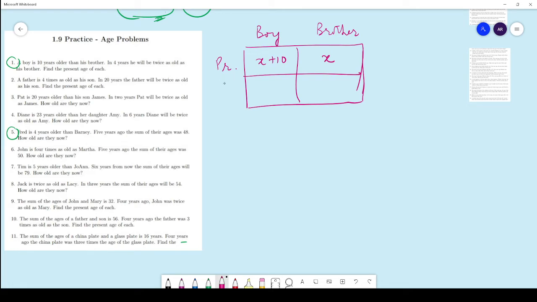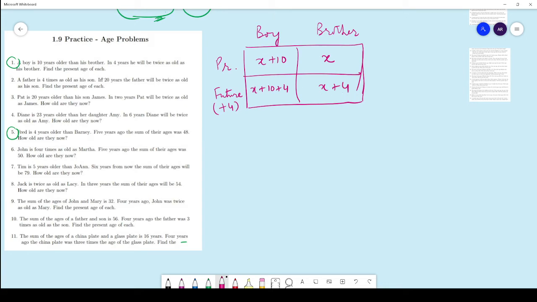Now, what we need to understand over here is we are talking about the future. And in the future, how many years are we going to add? We are going to add 4 years. So this means that 4 years get added to the age of both the boys. So in 4 years, the boy's age will be x plus 10 plus 4 years, whereas the brother's age will be x plus 4 years.